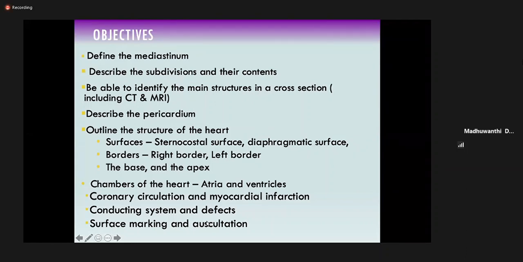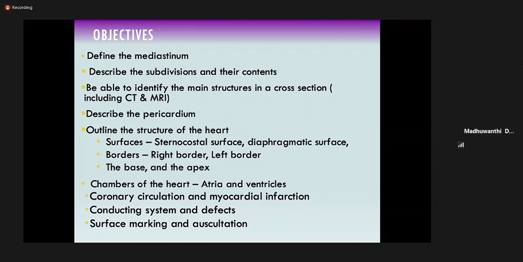Then we have the next topic, that is the pericardium and the heart. As you know, the pericardium is the cavity surrounding the heart. So you have to learn the structure, what it is made up of, and a little bit about the clinical correlates.